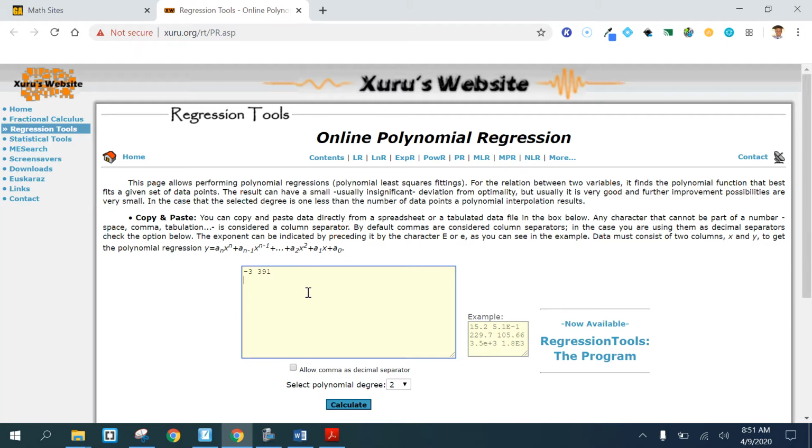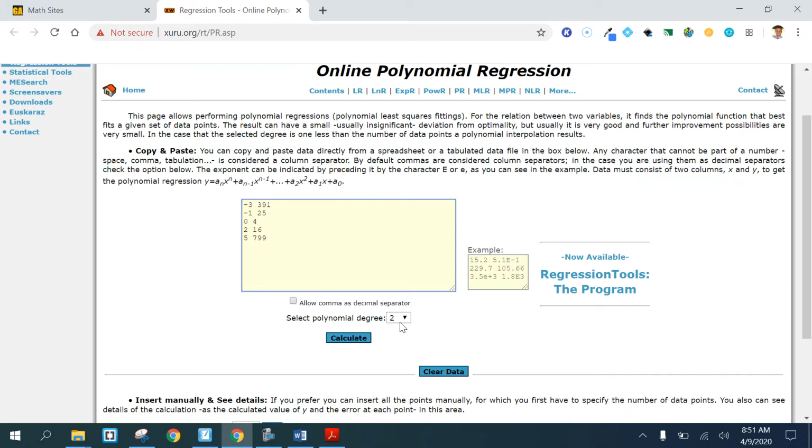Hit enter to go to a new line. -1, space 25, no comma, 0 space 4, 2 space 16, 5 space 799. Okay, so we're going to calculate this, and it says select polynomial degree.